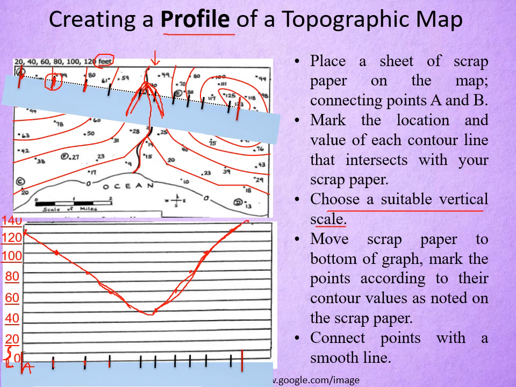We have to start from point A, as we have to draw the profile section from point A to point B. Although at point A we did not get any particular height, just by increasing the higher values of the contour line a little bit, that is point A and that is point B. So this was my profile section from point A to point B of the map.